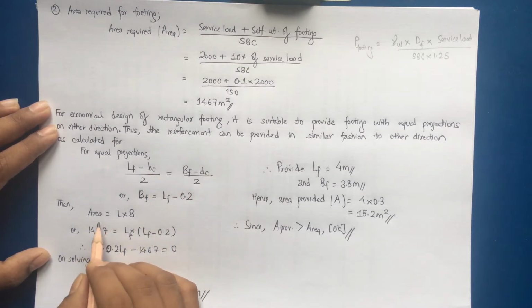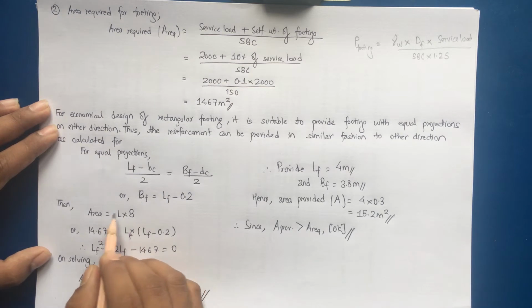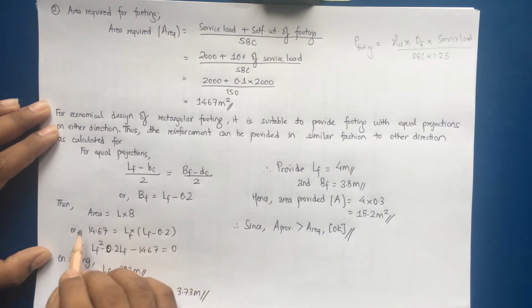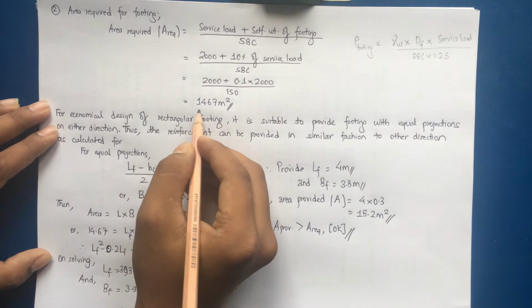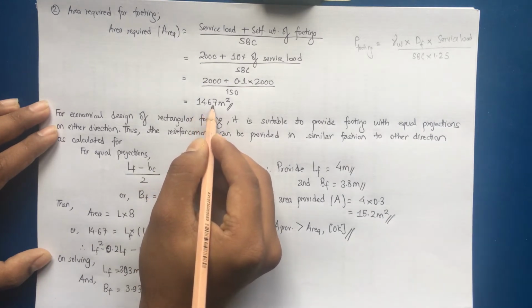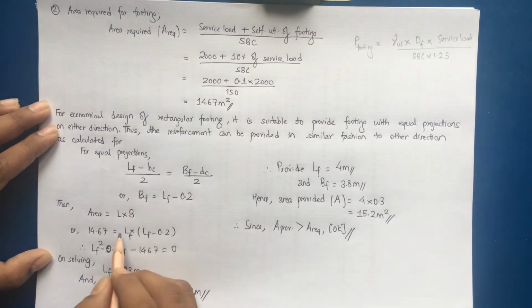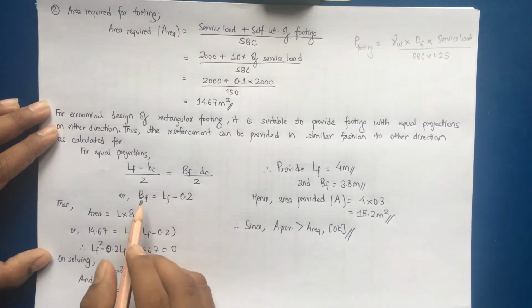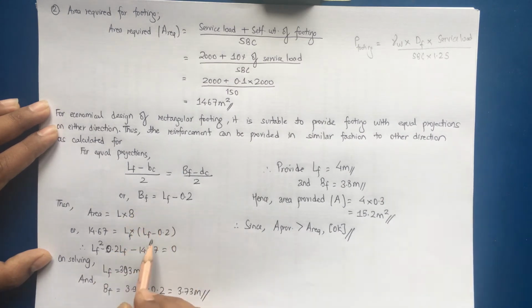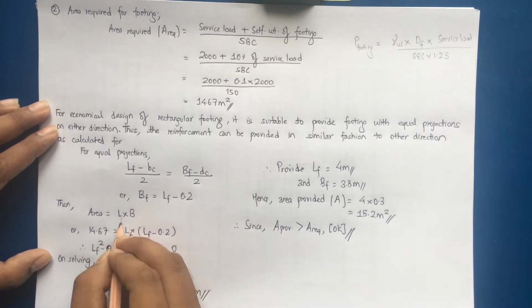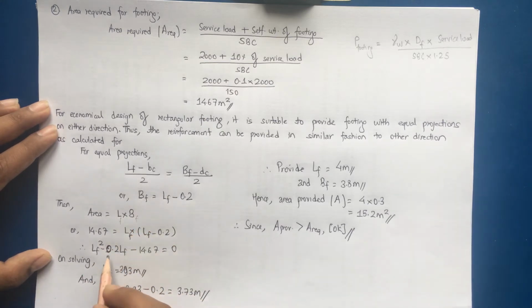Then for area we have L into B, considering a rectangular footing, and the required area is 14.67, which equals LF into B. So we have B as LF minus 0.2; substituting the value of B, this is LF times BF. Now if we take the LHS value to RHS, then we get LF square minus 0.2 LF minus 14.67.